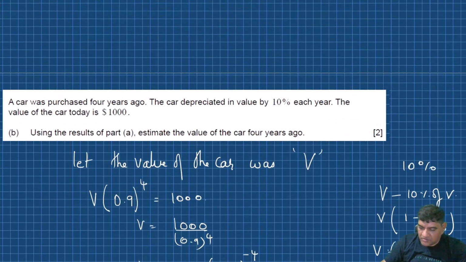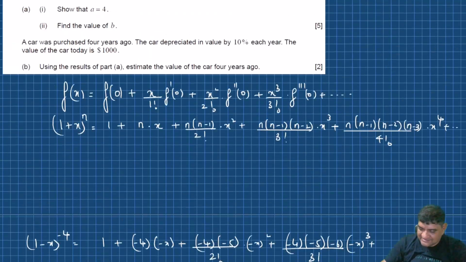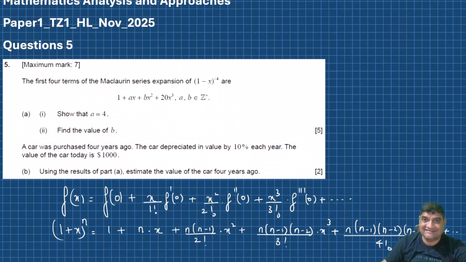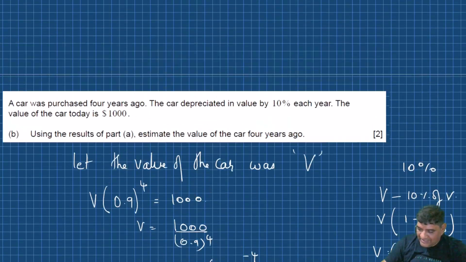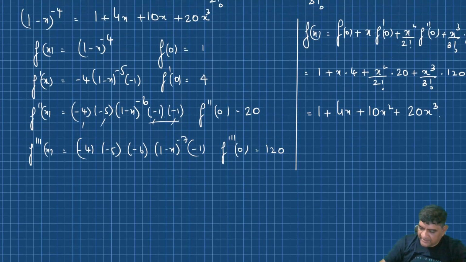Now part A has 5 marks, and that's a bit lengthy. Getting the value for B gives you 1 mark, and obviously getting the value for A gets you 1 mark.